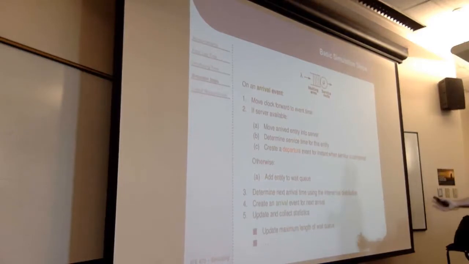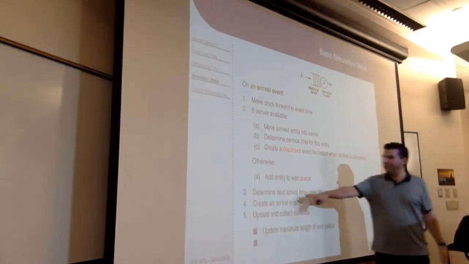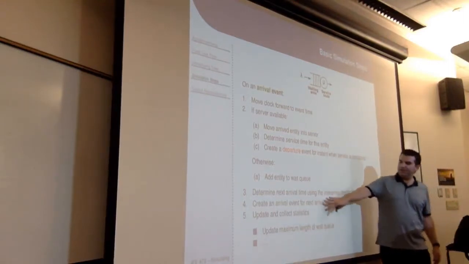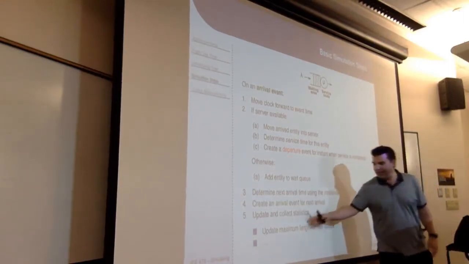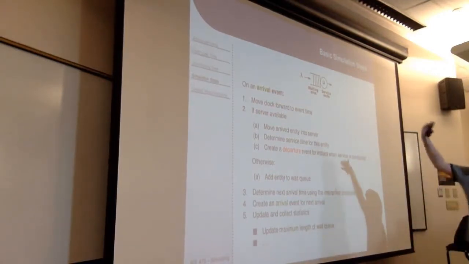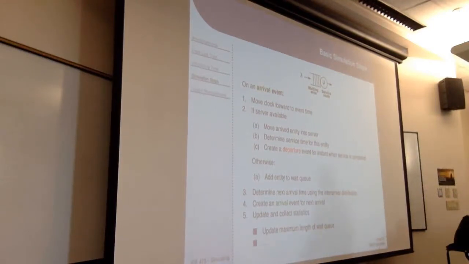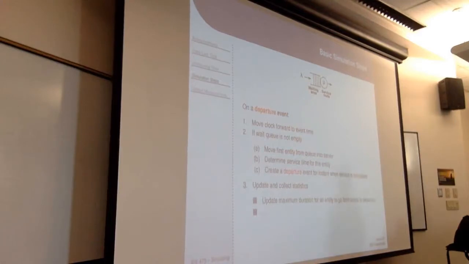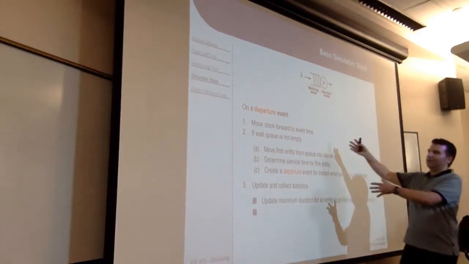You can't schedule anything because you don't know when it's going to enter the server. Then you schedule the next arrival, create an arrival at that time, and then if you have any statistics you need to generate, you update them. And you just do that for every single arrival event. You follow that logic, and you're guaranteed that if you follow the logic for the other things, you will move through time properly.